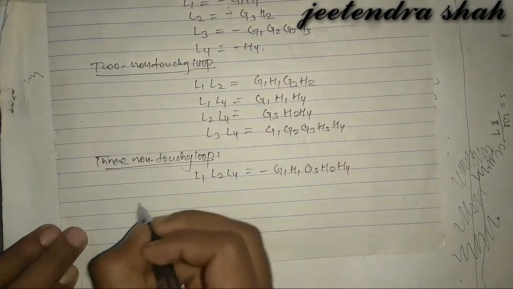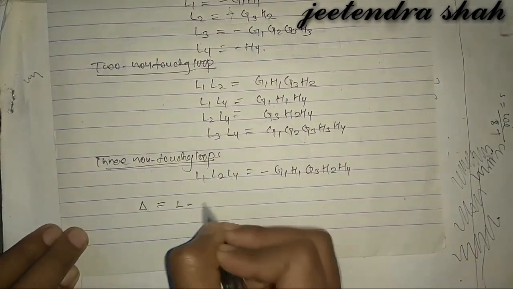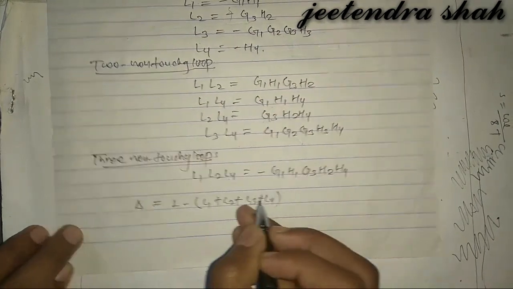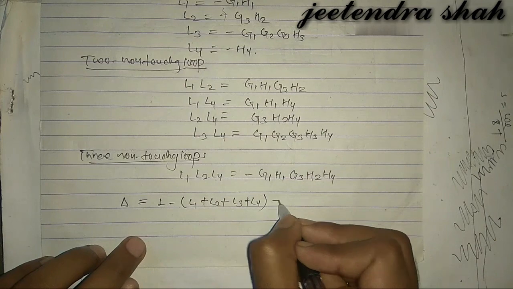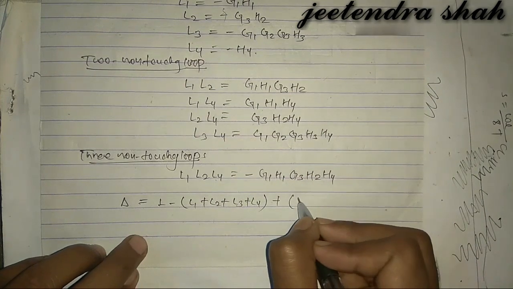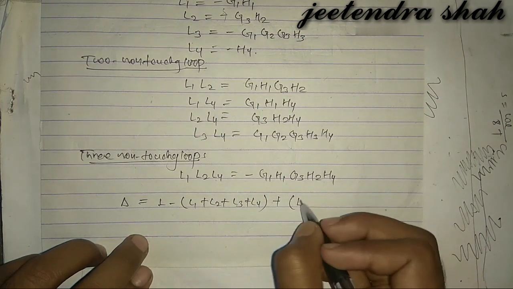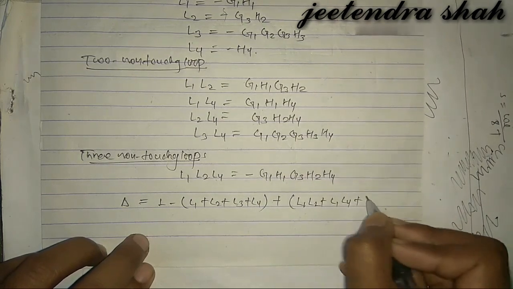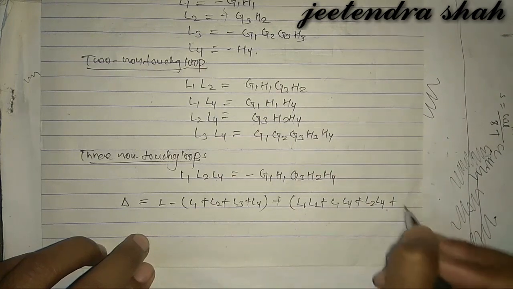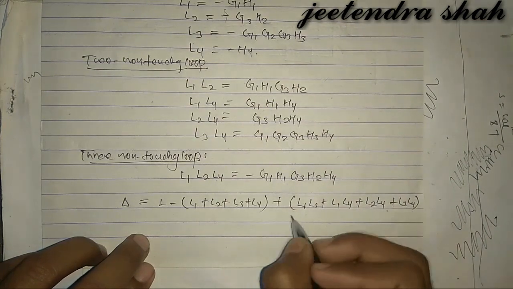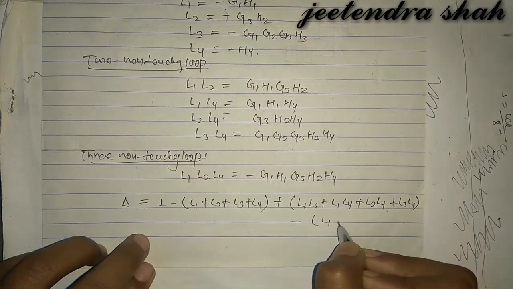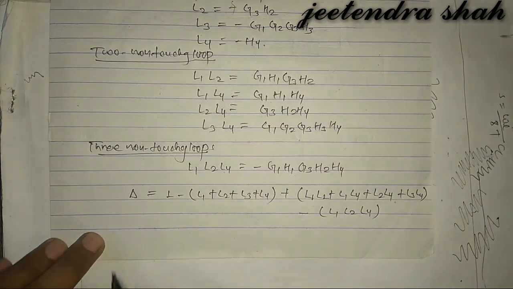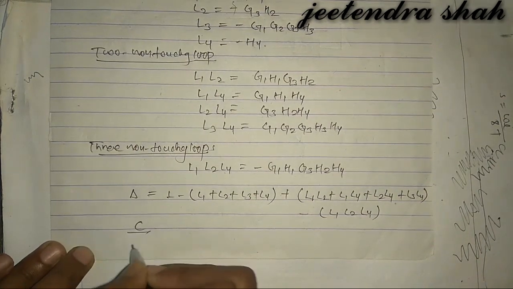Now to calculate del, we have 1 minus the sum of the individual loops L1 plus L2 plus L3 plus L4, plus the sum of two non-touching loops: L1 L2, L1 L4, L2 L4 and L3 L4, minus L1 L2 L4.